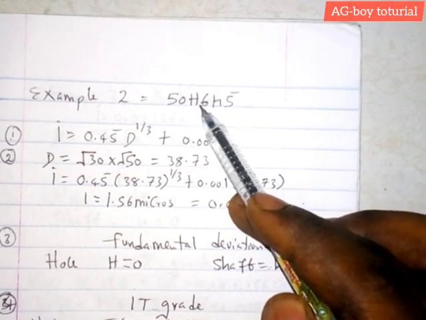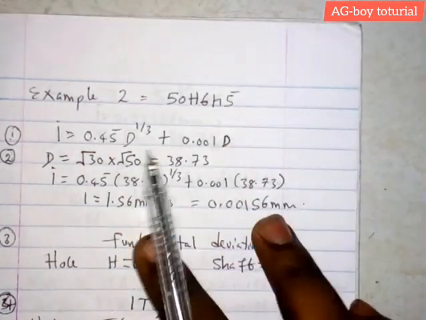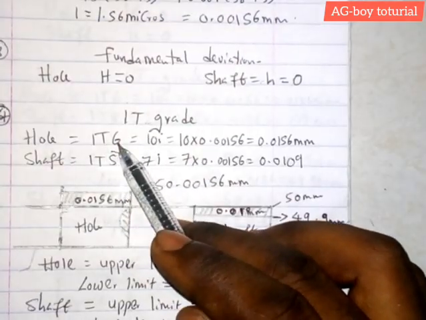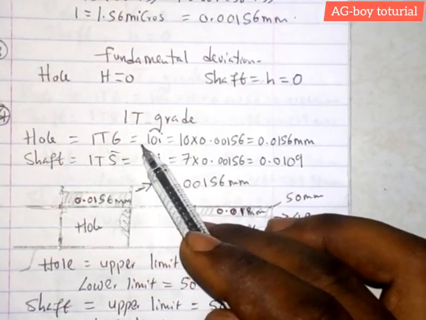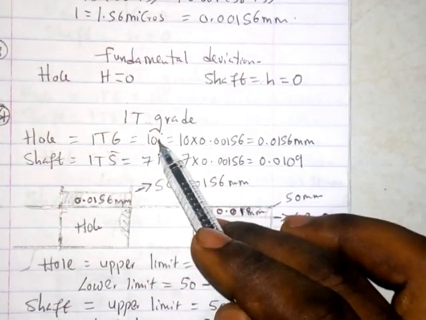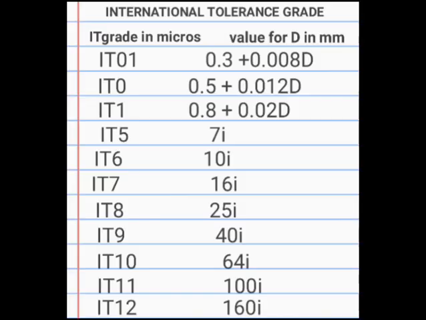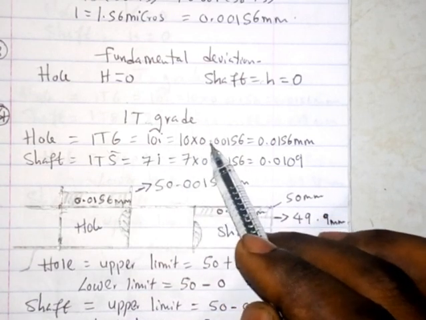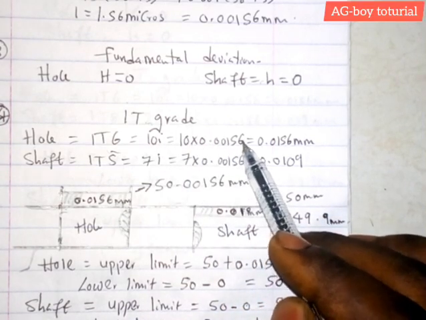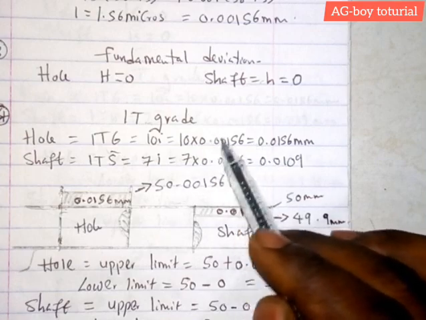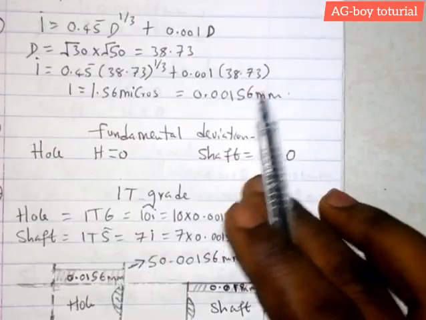IT grade 6 for our hole, IT grade 5 for our shaft. So IT grade 6 is 10i on the chart. Then it's going to be 10 times 0.00156, which is for our I, which we got from this one here.